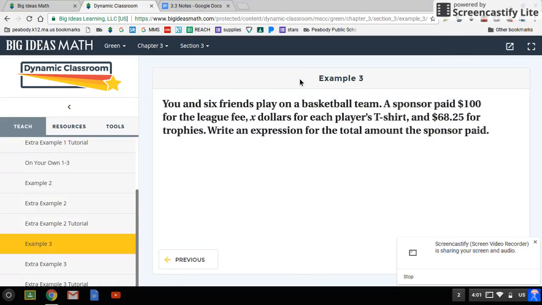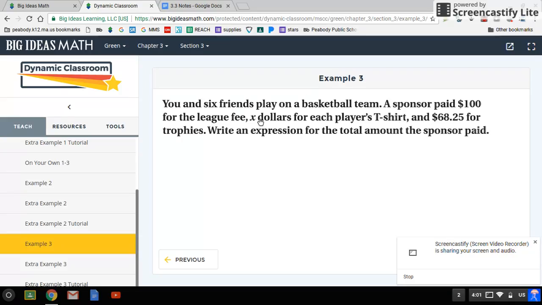Okay, now we're going to apply a word problem to this. So it says you and 6 friends play on a basketball team. A sponsor is paid $100 for the league fee, X dollars for each player's t-shirt, and $68.25 for trophies. Write an expression for the total amount the sponsor paid. First of all, you always got to remember if it's you and 6 friends, how many people is that? 7 people. So we know that we're adding $100 for the league fee. Plus, because we want to find a total here, X amount of dollars for each player's t-shirt.